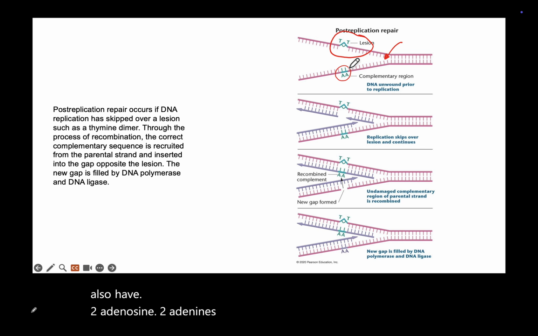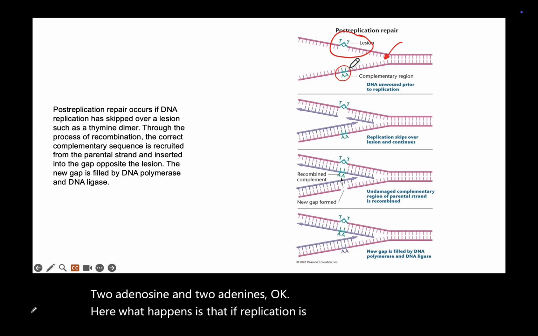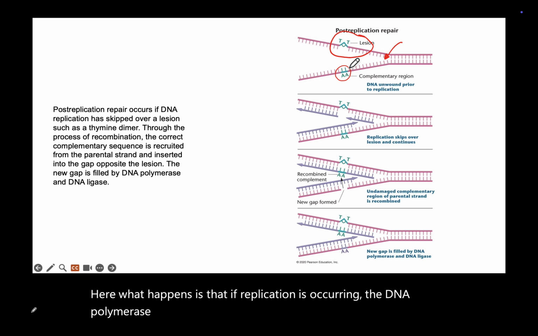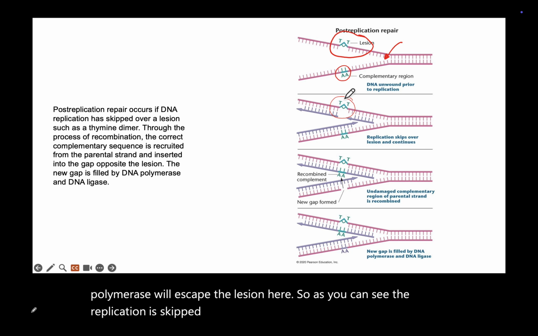Here, if replication is occurring, the DNA polymerase will skip the lesion. So as you can see, the replication is skipped over this region where you had the lesion and continues.